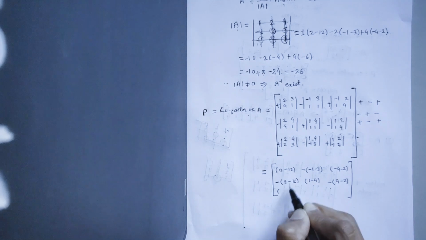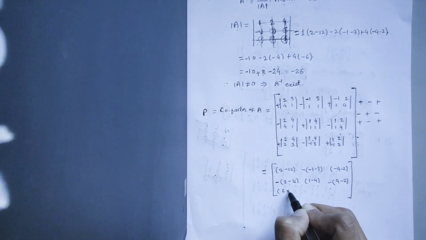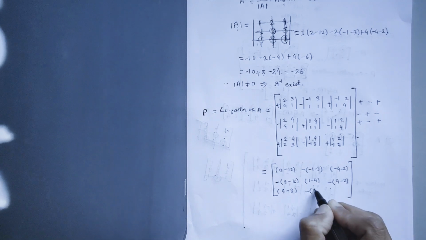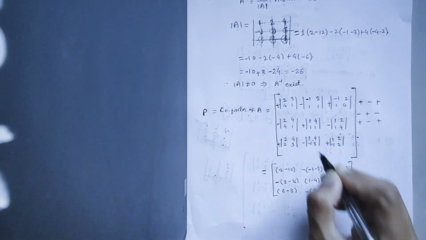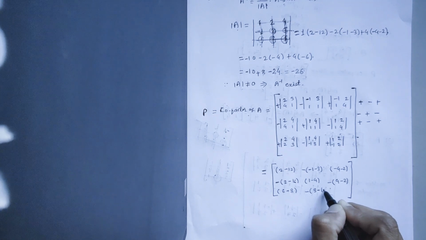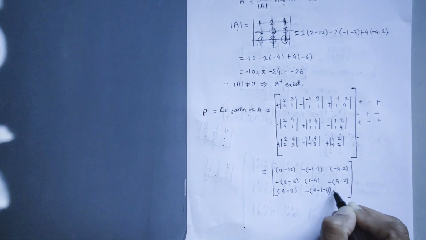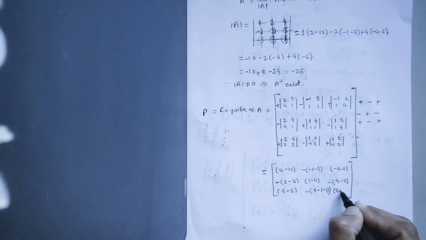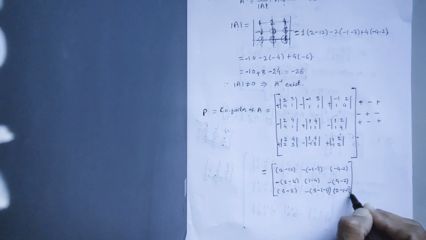Next, 6 minus 8, minus sign outside, 3 minus 4, okay, and the last one is 2 minus 2, okay.